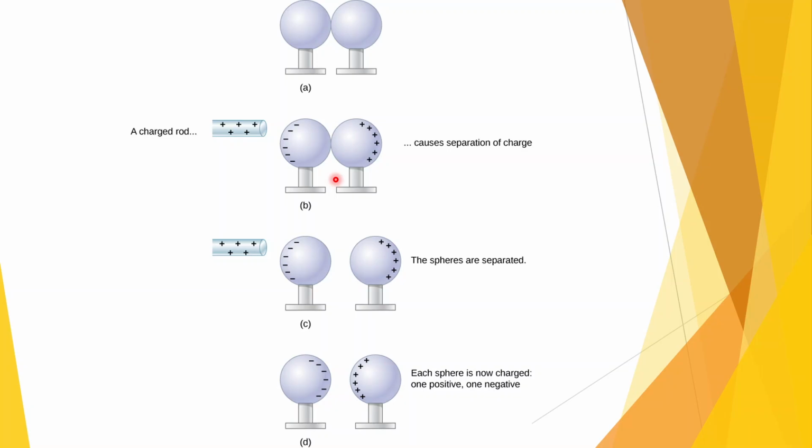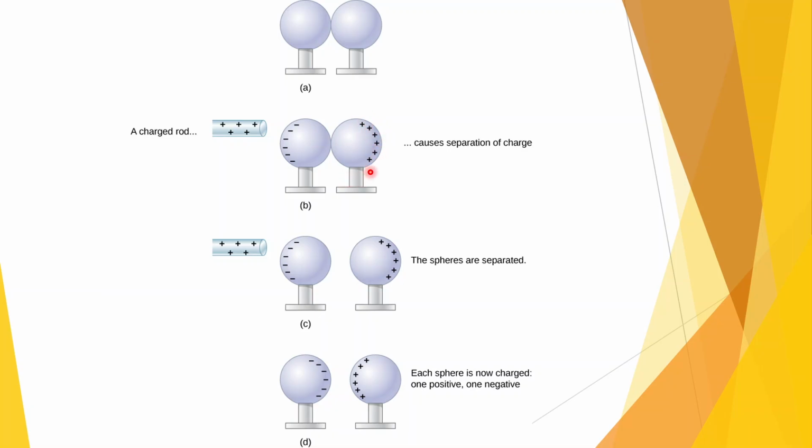And this causes a separation of the charges. So now we have this positive rod that came close to this left-hand side ball here. And now this side of the ball has negative charges. And so the other charges will switch to this other one on the right-hand side, and it'll be all positives, okay?